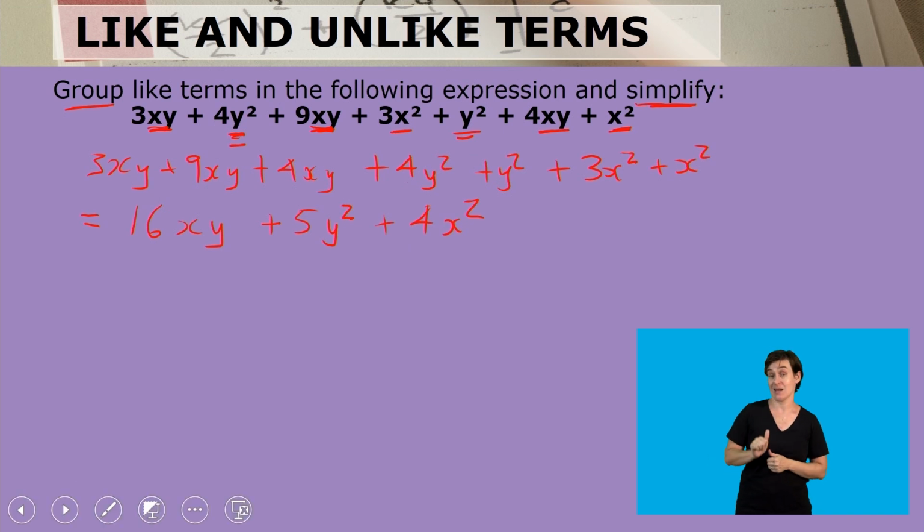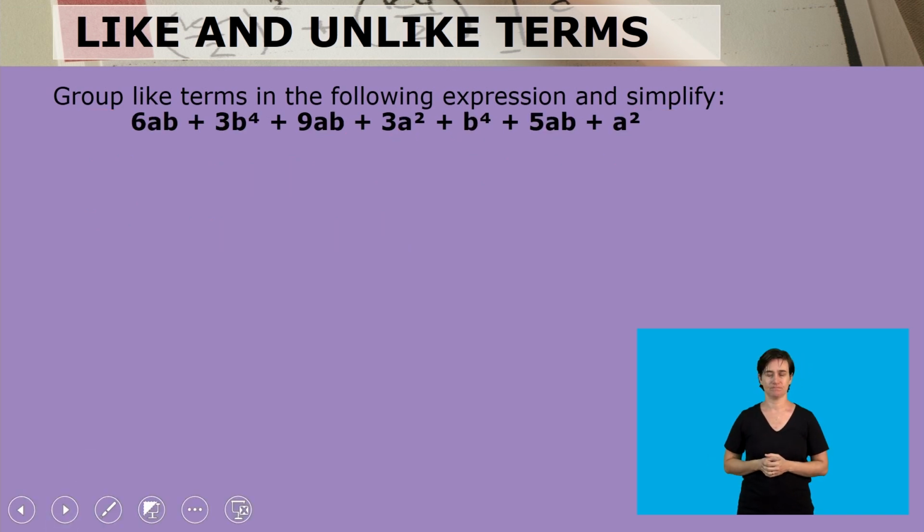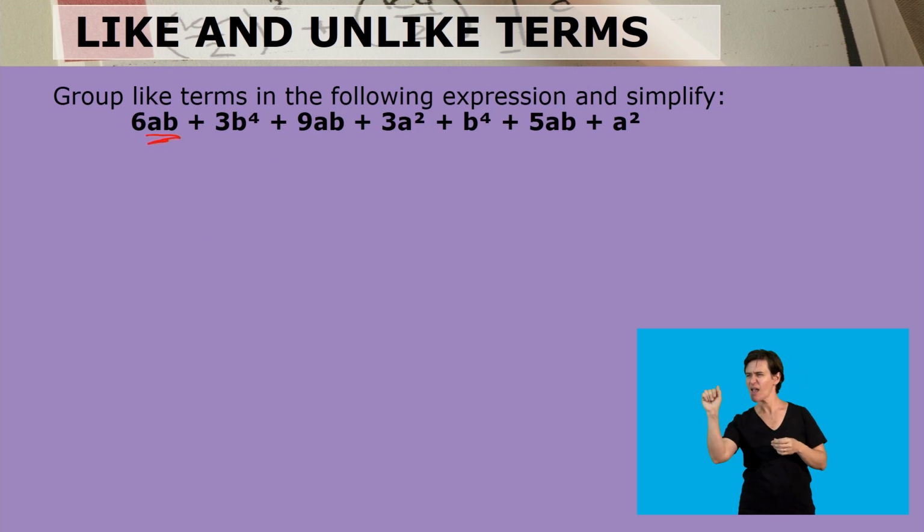Let's move on to the next one. Again, look at that expression. Let's look at it together. The first term is AB. Any other AB in that expression, I have 6AB, the first part, and I also see there is 9AB, so it would be 9AB that follows, and then there is 5AB.